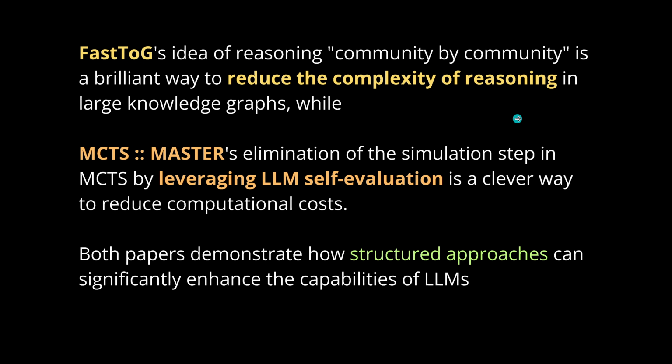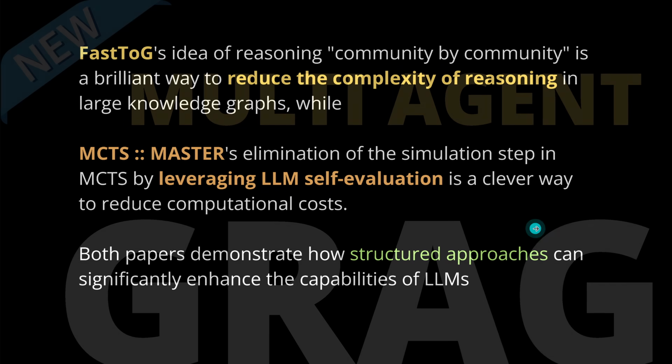Isn't this nice? Again, this reasoning community by community is reducing the complexity for the reasoning process. And our Monte Carlo tree search eliminates here the complete simulation step in the classical Monte Carlo tree search by leveraging here LLM self-evaluation in a clever way to reduce computational cost. Isn't this beautiful? And if you take both papers, if you implement both solutions, you see how a structured approach to a problem can significantly enhance the capability and the performance of large language models.